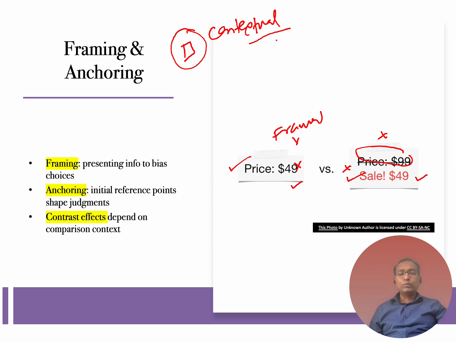For instance, the book talks about an example where one group of participants is asked, is the average price of a new car higher or lower than $14,000? Then they are asked, what is the average price of the car? Most likely people would come up with a lower price, right?